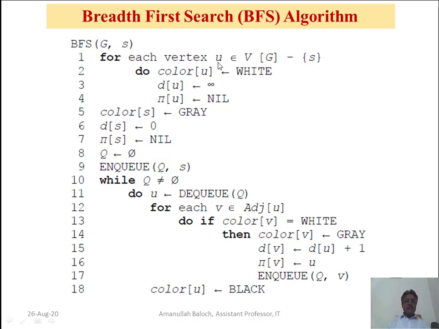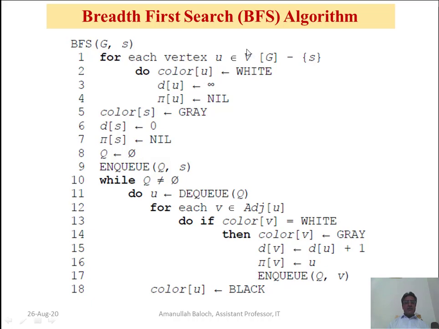For each vertex u belongs to V of G minus S. From all the vertices, the source vertex is subtracted. Say there are 10 vertices, 10 minus 1 is equal to 9 vertices. We will process the 9 vertices except the source vertex, and we will change the color of each vertex.